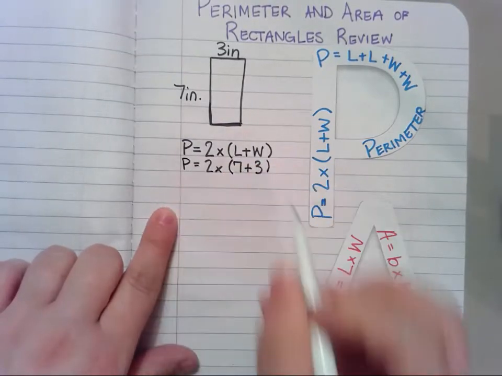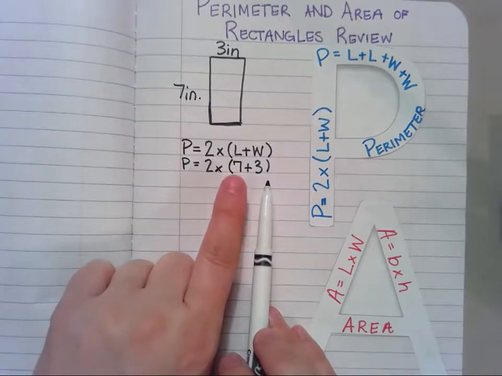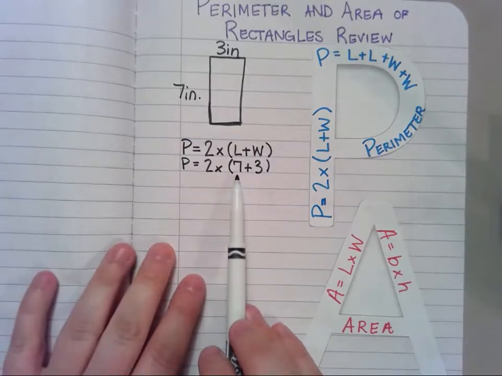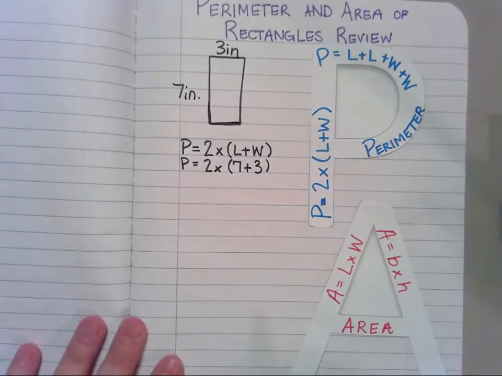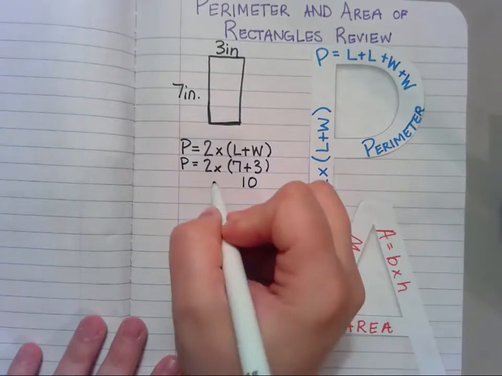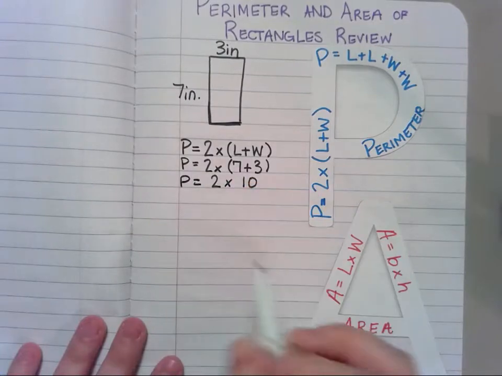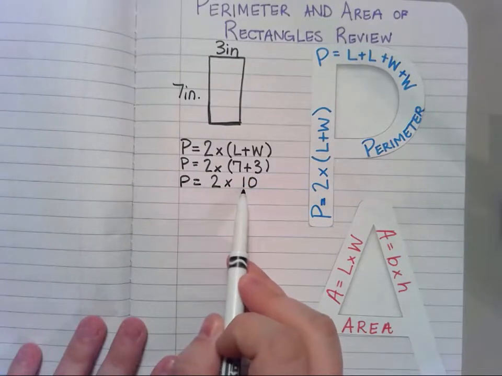Fill in the rest of that. Parentheses in math means do this first. So what is 7 plus 3? If you said 10, you are correct. So now we have perimeter equals 2 times 10.